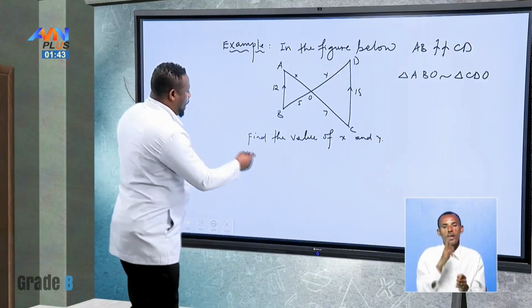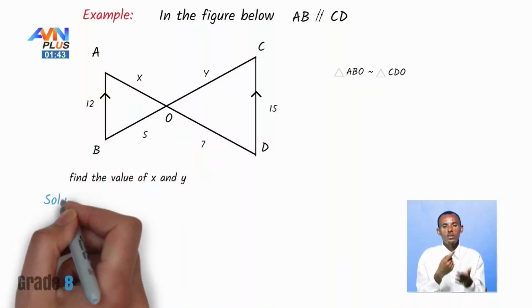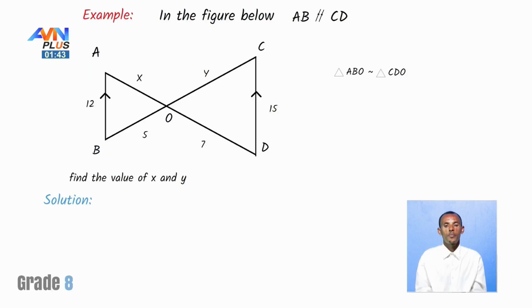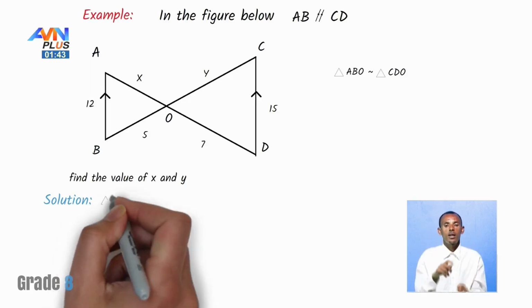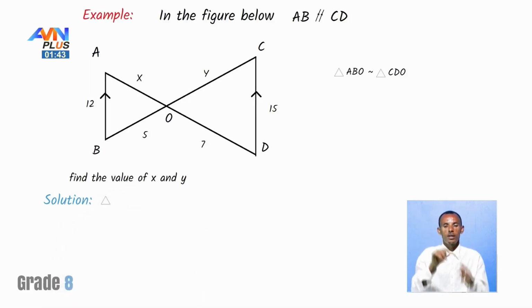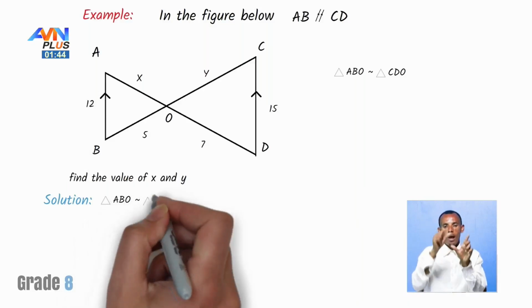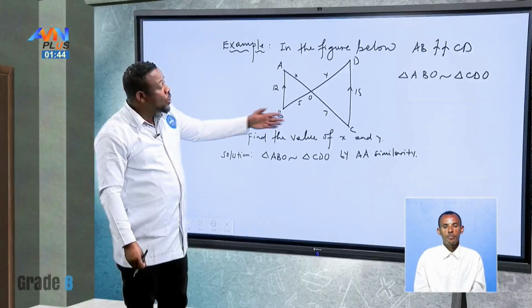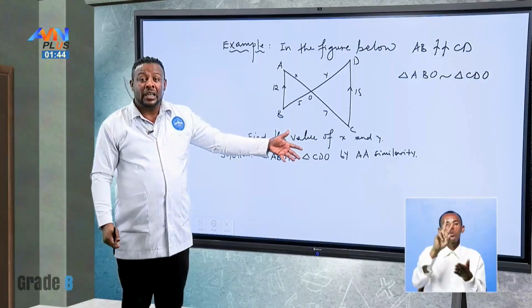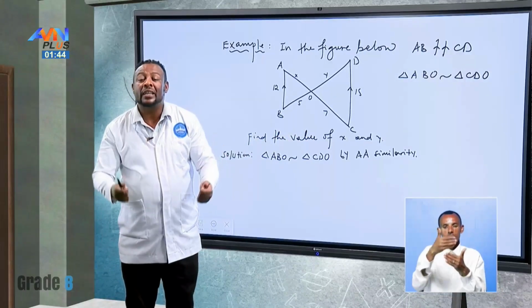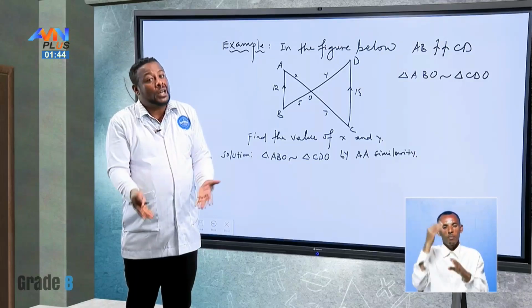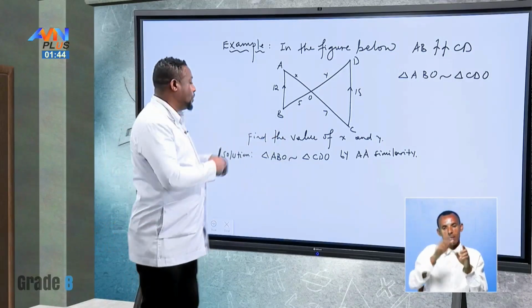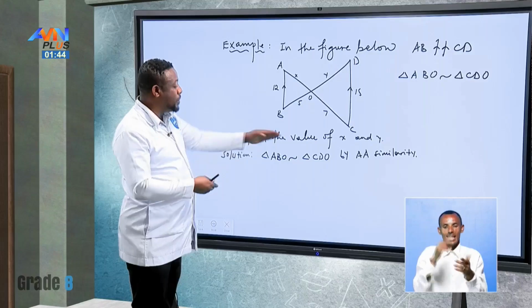So we do this in this way. Triangle ABO is similar to triangle CDO by angle similarity. Okay, these two triangles are similar, right? So if these two triangles are similar, the next step that should come to your mind is that the ratios of the corresponding sides must be equal, right? So that is the immediate step that should come after this.